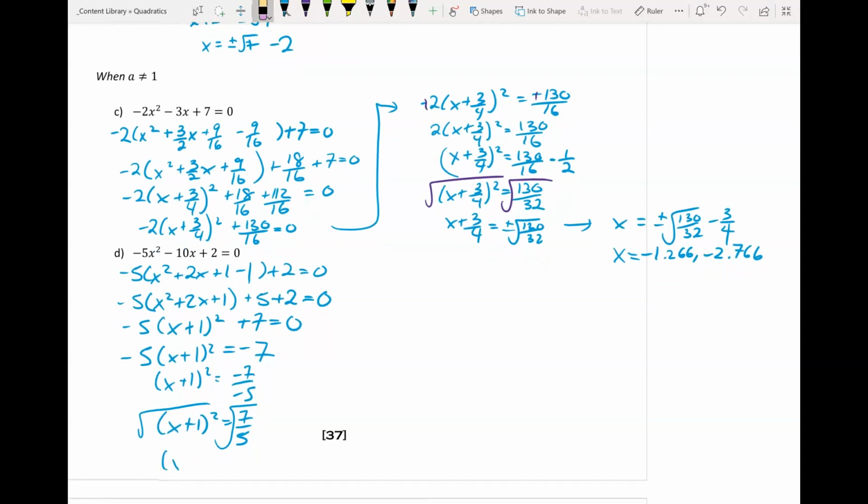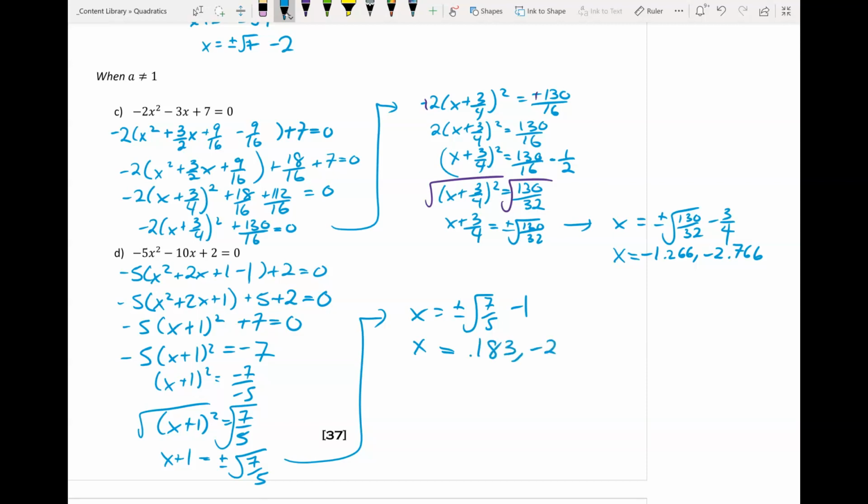So we're left with x plus 1 equals plus or minus square root of 7 over 5. And lastly, I'm going to move the 1 to the other side. You can also find this in decimal if you wanted to. It's going to be 0.183 and negative 2.183.